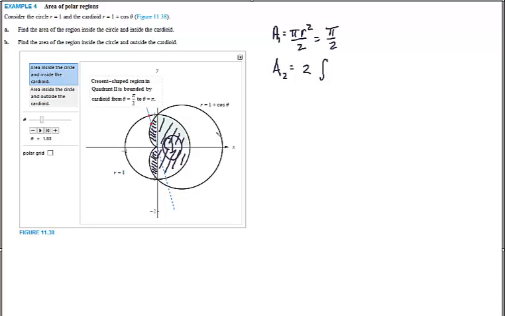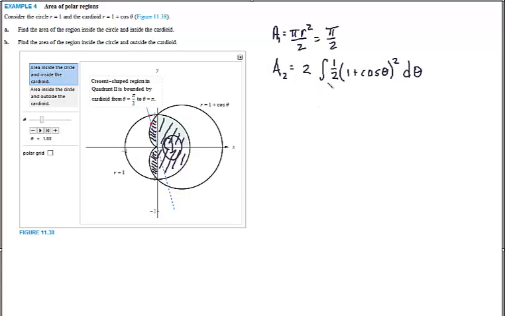Let's see, it's just this r equation, which is 1 plus cosine theta quantity squared. Now for finding the area, if you'll remember, I need to take 1/2 of this due to the fact that it is polar coordinates, and I'm integrating with respect to theta. My theta is going from pi over 2 on down to pi.